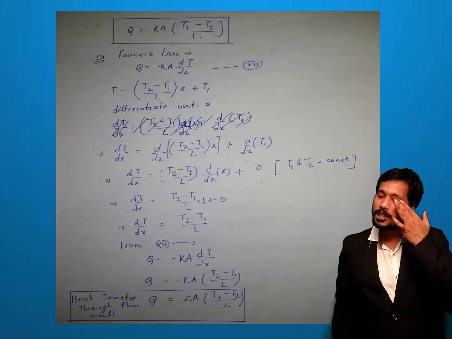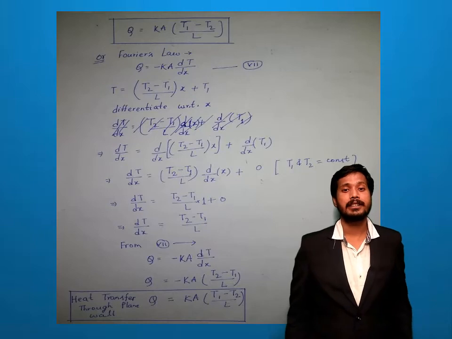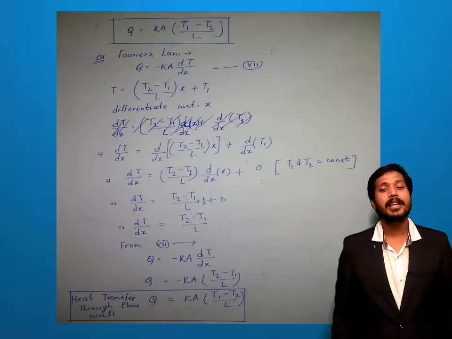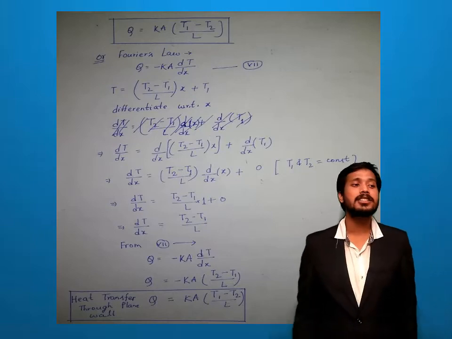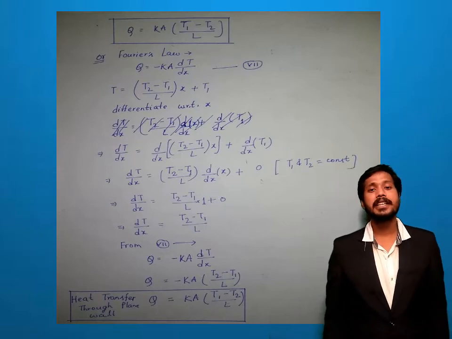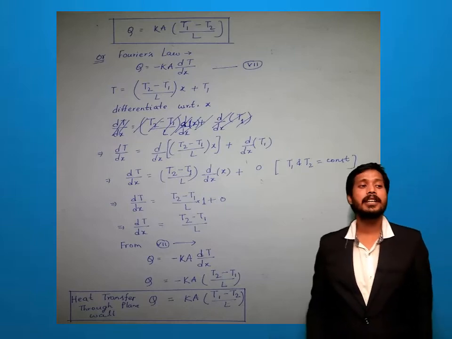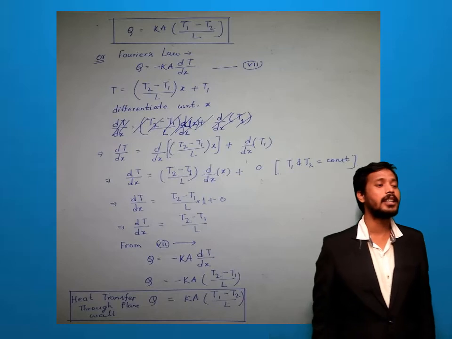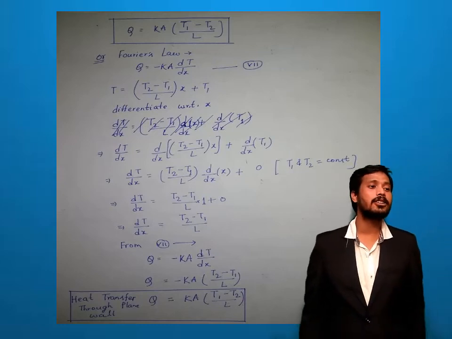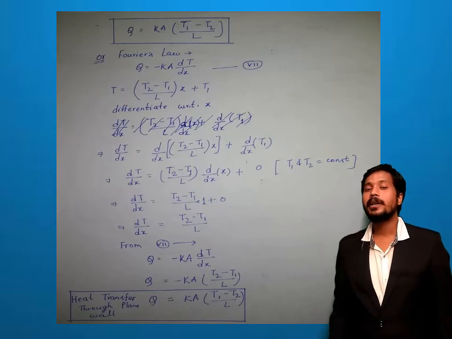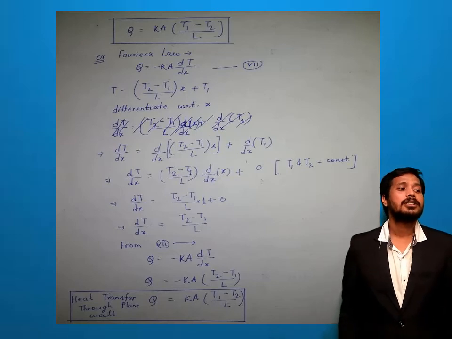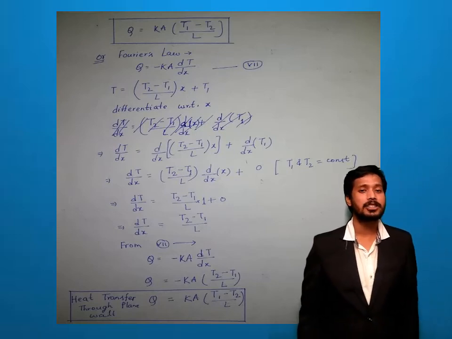Now the values of T1 and T2 are both constants. So we can write dT/dx equals (T2 minus T1) by L into d/dx of x plus d/dx of T1, which is 0. So dT/dx is (T2 minus T1) by L.